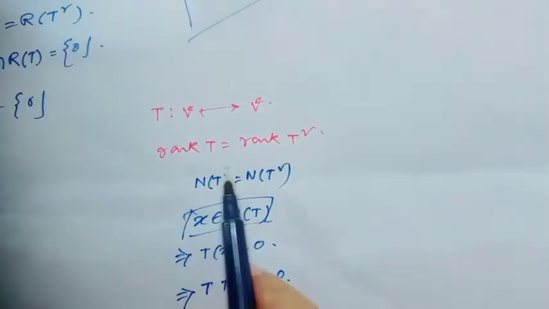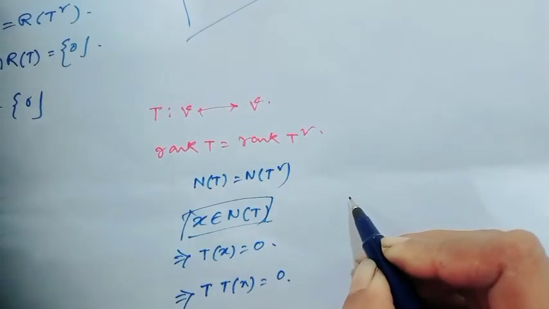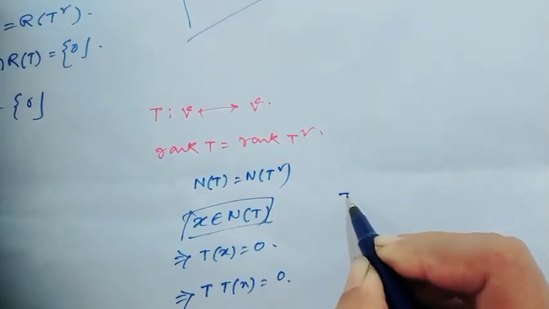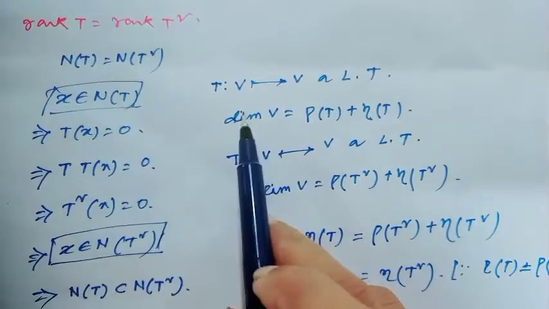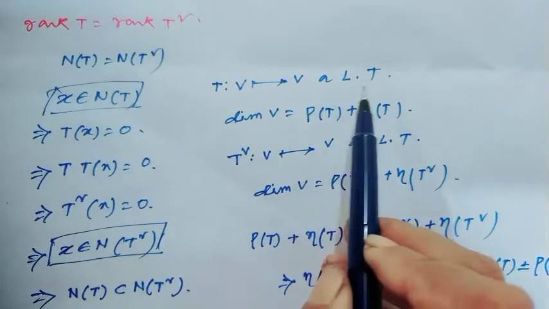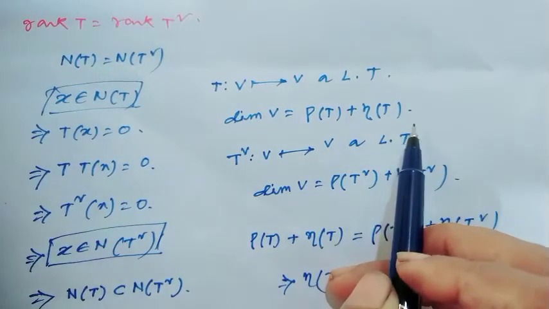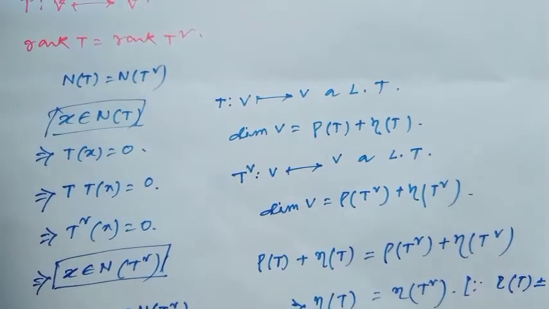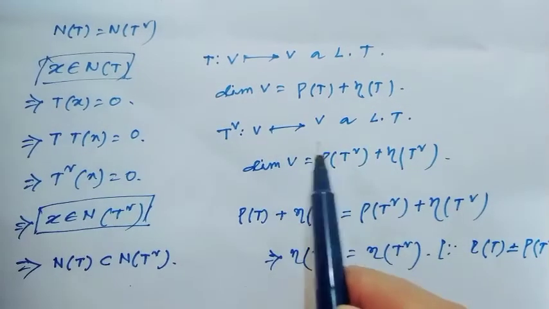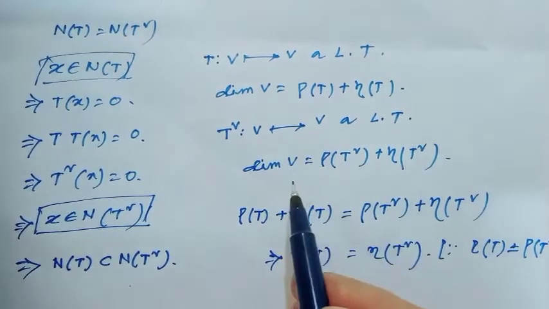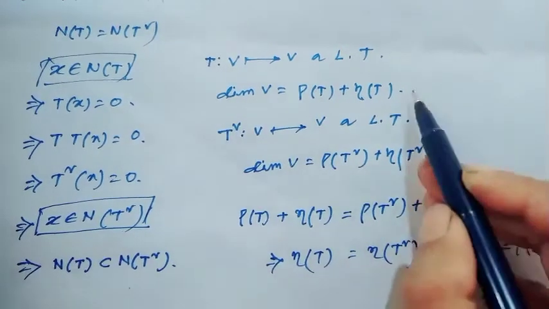So, since given rank T equal to rank T square, by the rank nullity theorem we can tell, since T is a linear transformation from vector space to itself, dimension of V equal to rank T plus nullity T. Since T square is also a linear transformation from vector space to itself, obviously dimension of V equal to rank T square plus nullity T square.